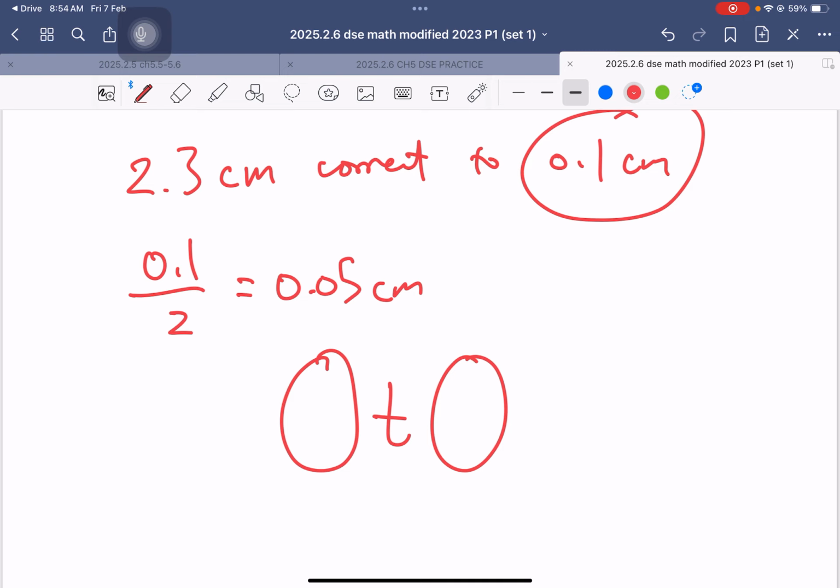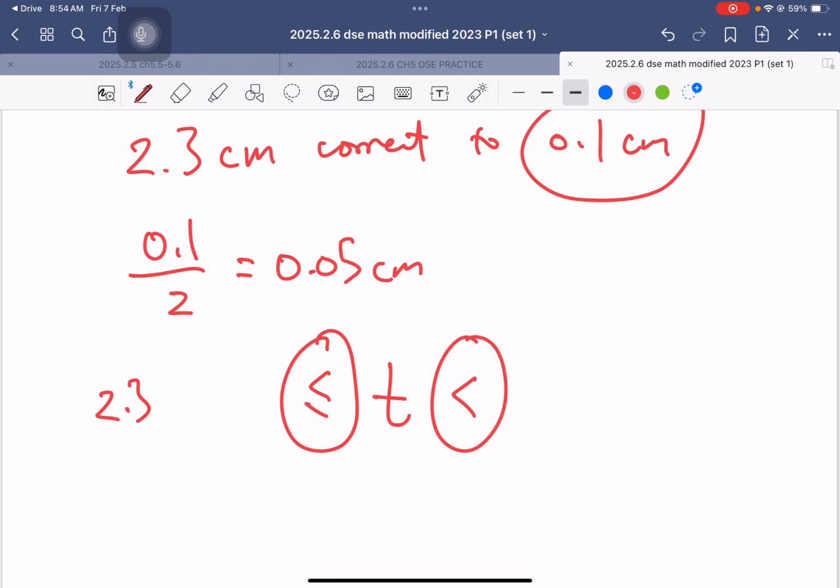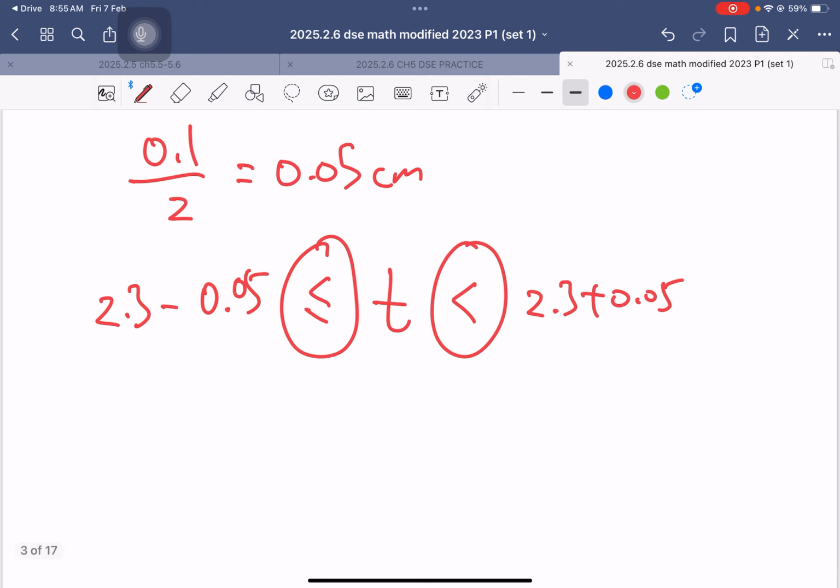This sign should be smaller or equal to. And Gabby, what's this sign? Just smaller, okay? So remember this, smaller or equal to, and smaller. And then you're using 2.3 minus the 0.05, and 2.3 plus 0.05. Okay? Understand now?